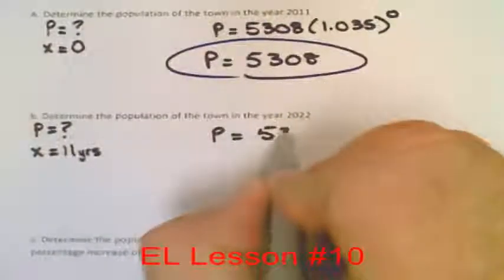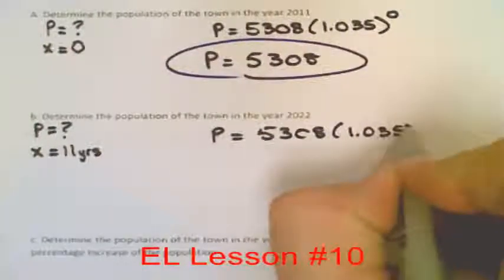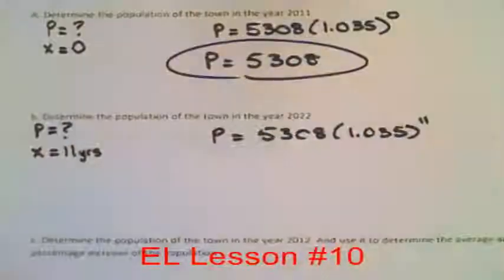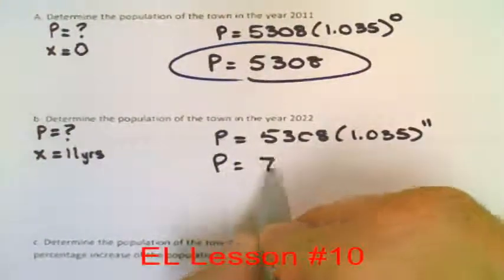Once I get that idea down, I look at the equation and do the same thing. P is equal to 5,308 times 1.035 to the power of 11. Now I need to type this into my calculator.